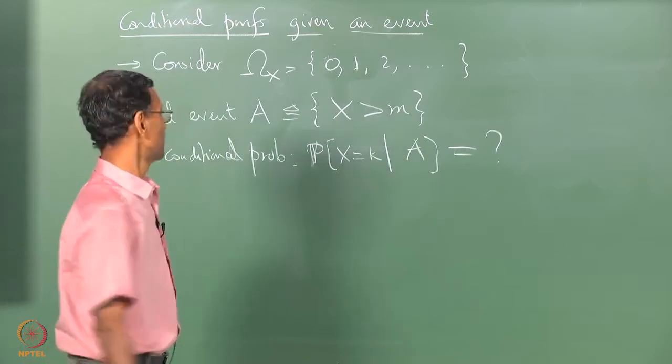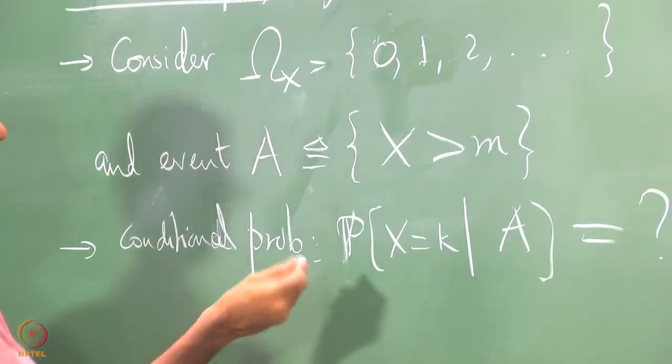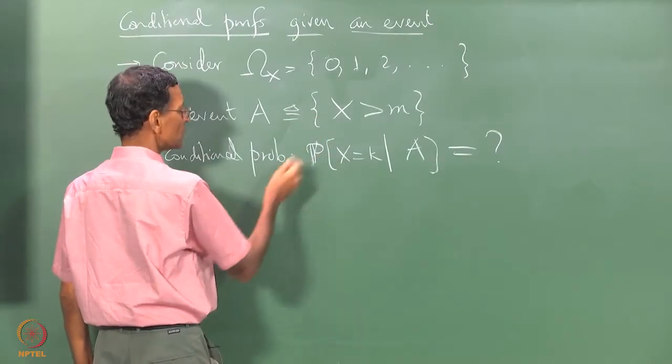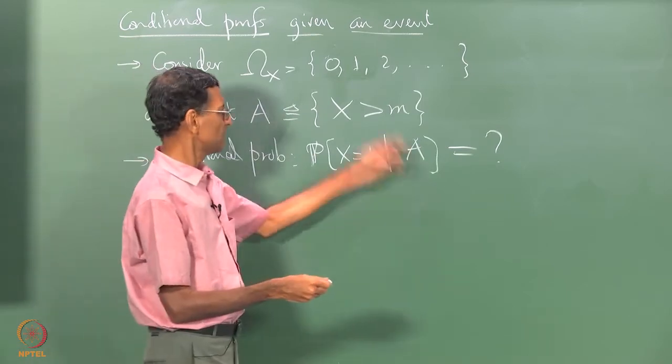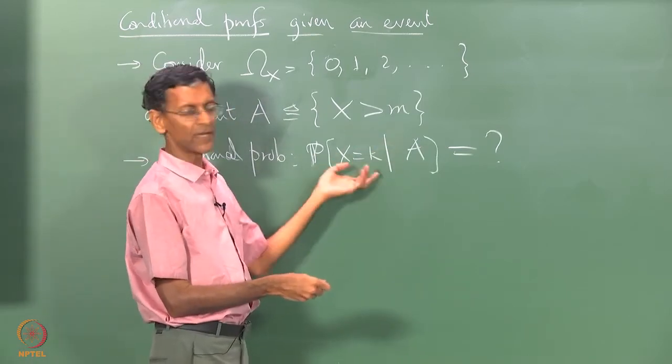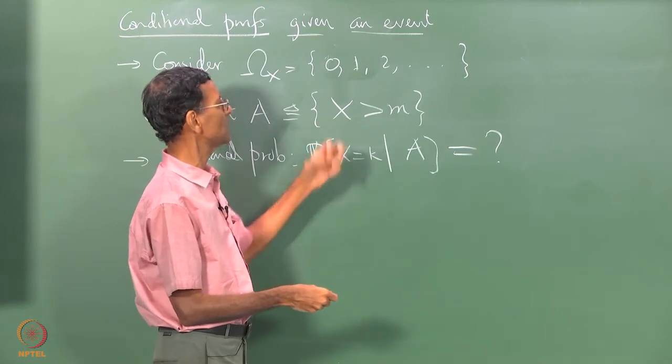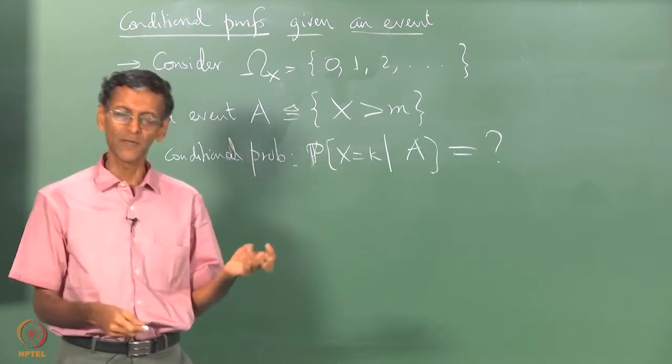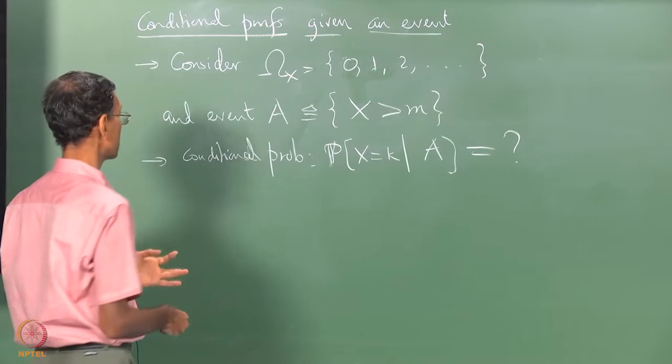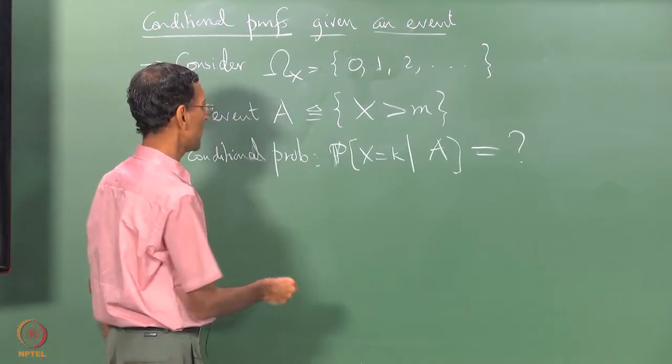If I take any A, you cannot go beyond this, but for this particular A and for example the geometric PMF, we can derive a very interesting result. That is what I am going to look at now.